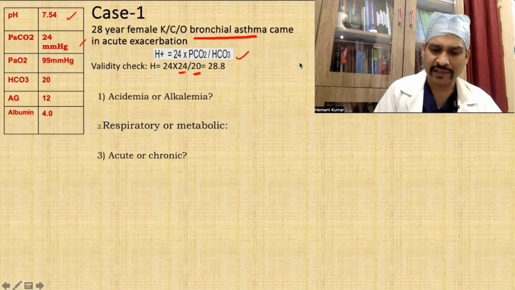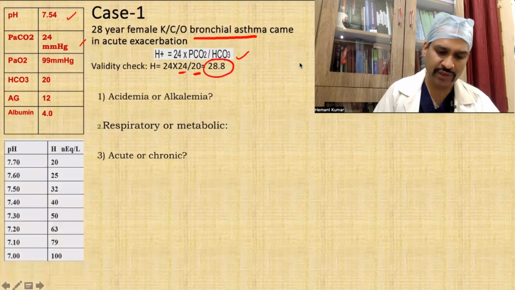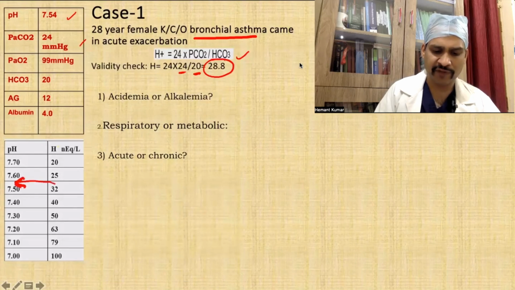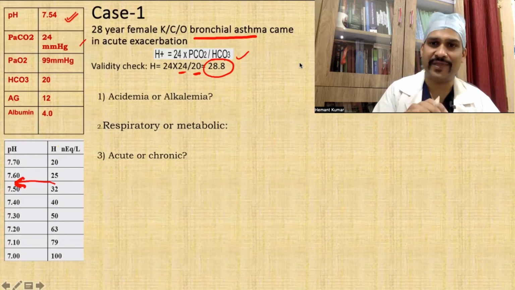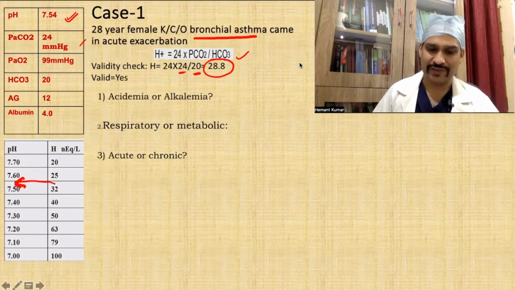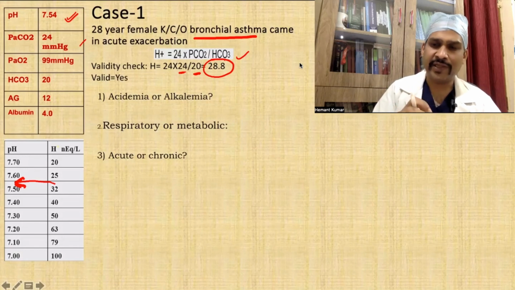So by the formula it will come to 28.1, and we have to check in this table how much pH is there. So pH will be somewhere here between 7.5 and 7.6. So pH is 7.54. It means this is a valid ABG. So we should go ahead. Is this acidemia or alkalemia? pH shows alkalosis. Now respiratory or metabolic?